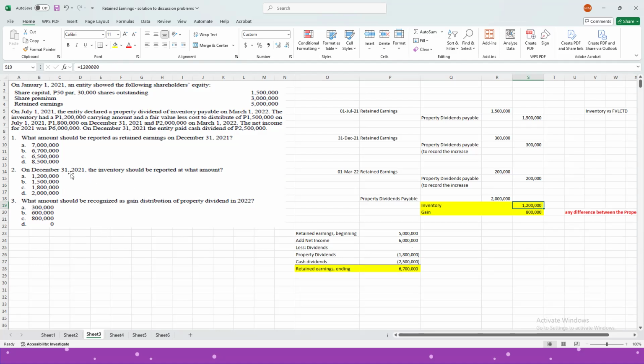Pansinin class dito sa December 31, 2021, no? We record the inventory at carrying value. So that's still 1,200,000. And what if the question was for March 1, 2022? So it should be 0 kasi nga ibinigay na natin as dividend.